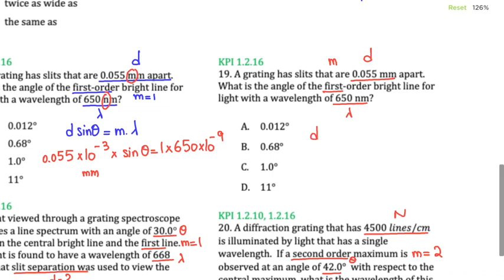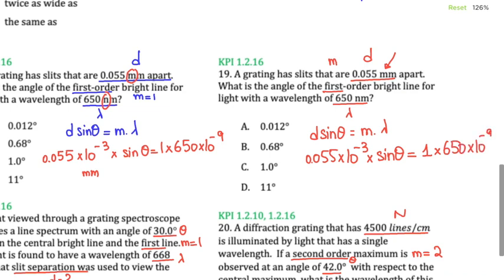So d sine of theta equals m multiplied by lambda. 0.055 times 10 to the power of negative 3, because I have millimeters, multiplied by sine of theta equals the first order times 650 nanometers. I will end up with an angle of 0.68.